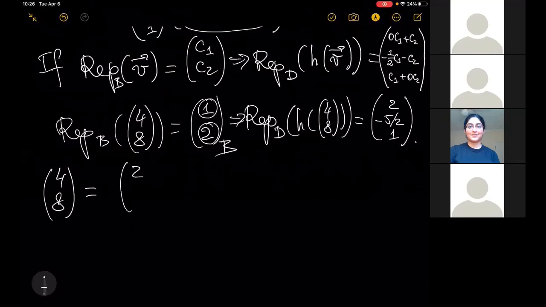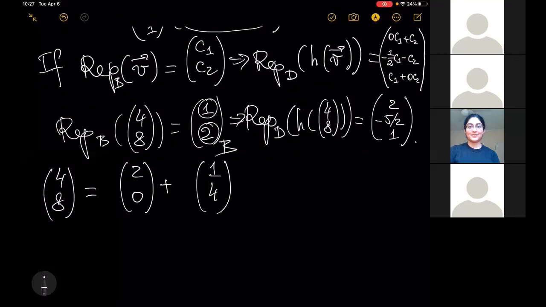So what coefficients do I need to use in order to represent this vector with respect to this basis? It's 1, 2, right?